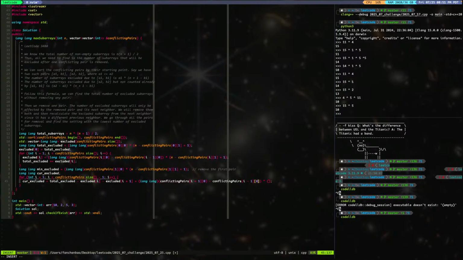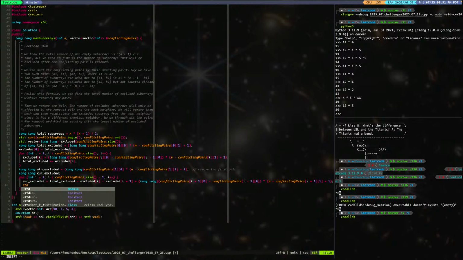Because we removed the one in the middle, so we reset this, and times n minus conflicting pairs i plus 1 1 plus 1. So that's current excluded: current total minus this plus this. And I say minimum of minimum excluded and current excluded.